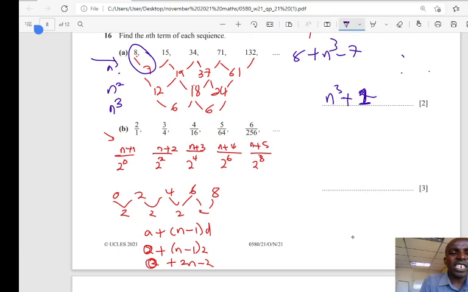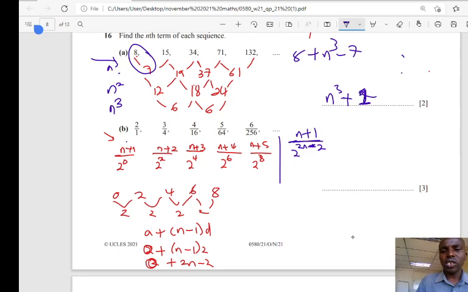So in other words, if you take, for example, the first one, it will be n plus 1 over 2 to the power 2n minus 2. Yes, so that's the sequence.